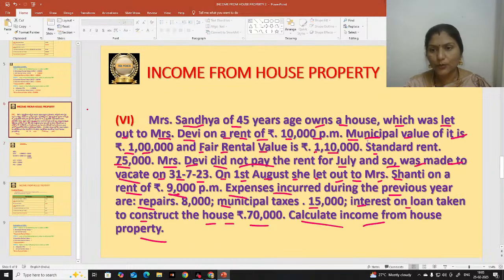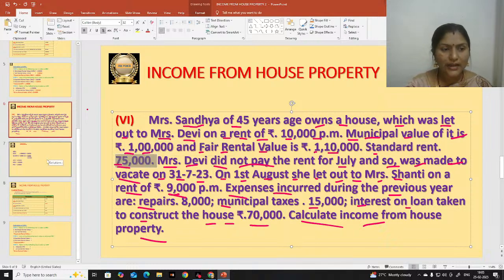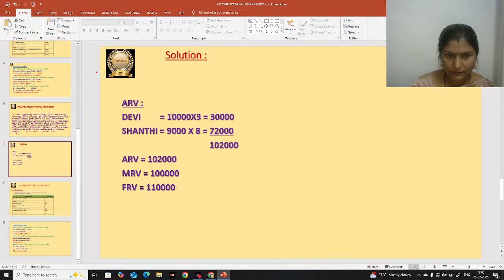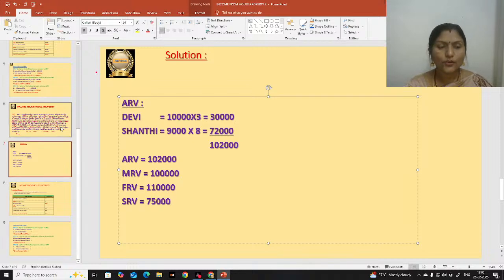Let us go to next one. Standard rent. Standard rent is how much? 75,000. So let us take standard rent 75,000 here. Standard rent means standard rental value. That is nothing but SRV. SRV is 75,000.